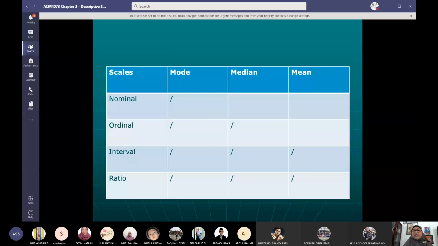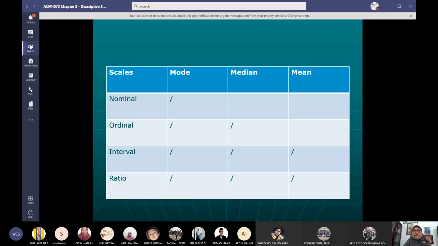You can't find any single value in the middle between male and female because they are nominal, they are not numbers. And then mean, can you average male and female to become half male or half female? It cannot be. So you have to look for mode only.